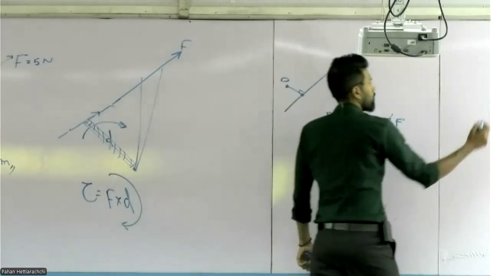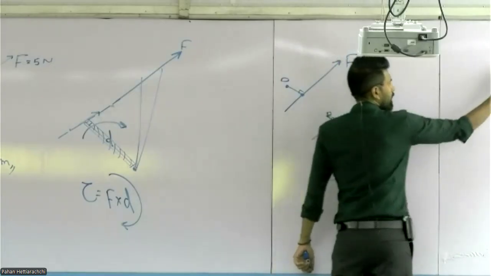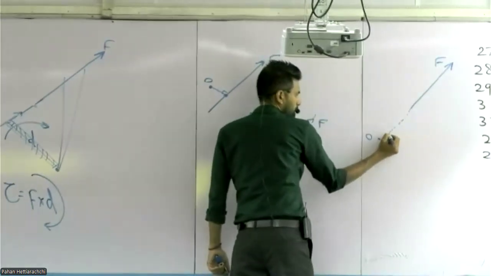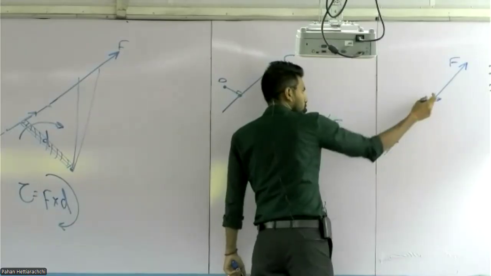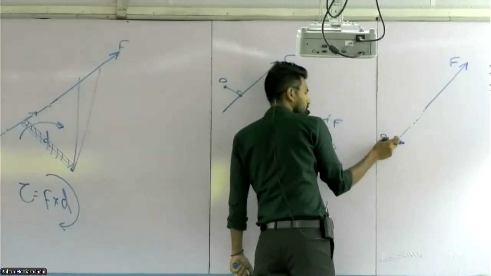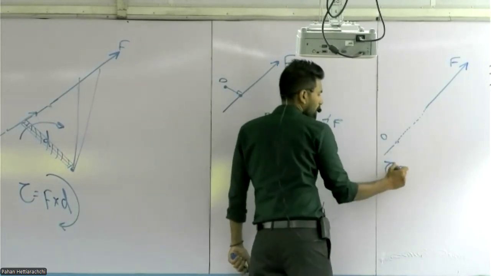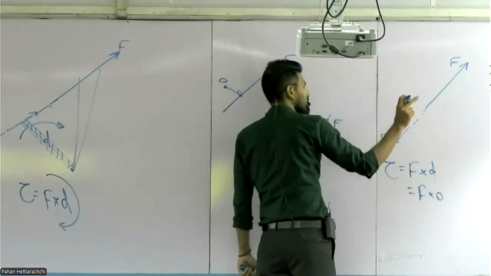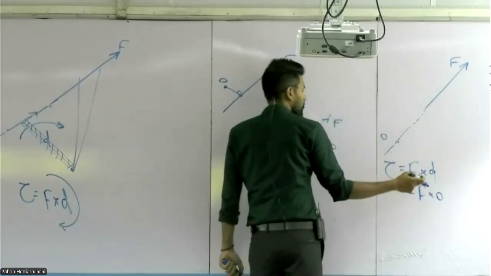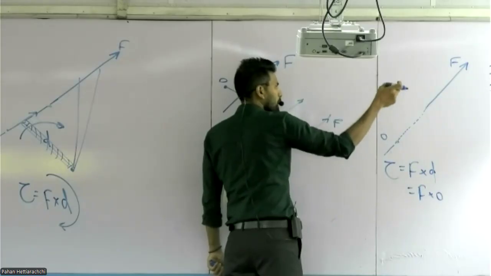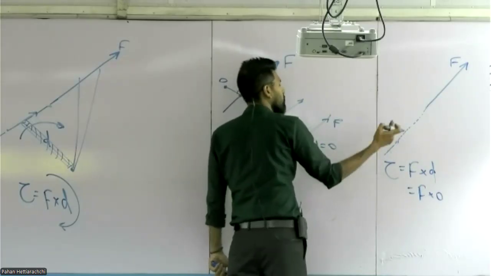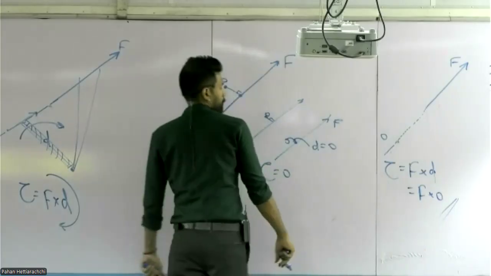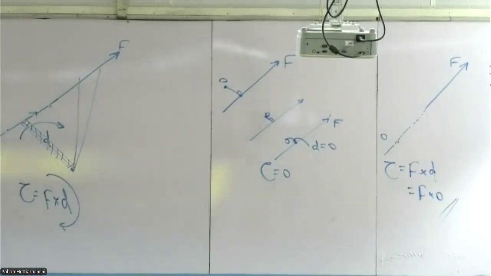Similarly, if you continue the line of action and the point O is on the line of action, you have F but you don't have a D. Sometimes D is the perpendicular distance from the force to point O, sometimes from the line of action to point O. Here, point O is on the line of action, so there is no gap between the line of action and O. D is 0, so the moment is 0. So these are the things that I have told you.